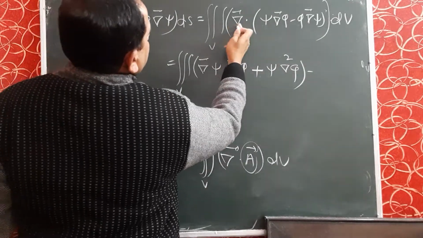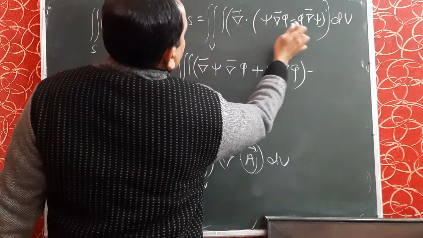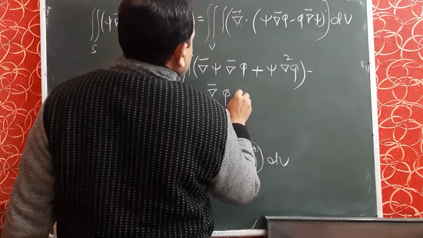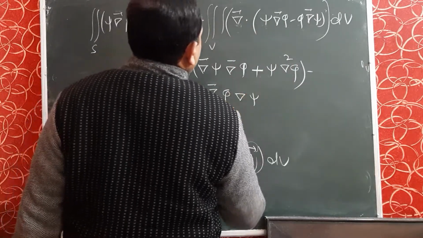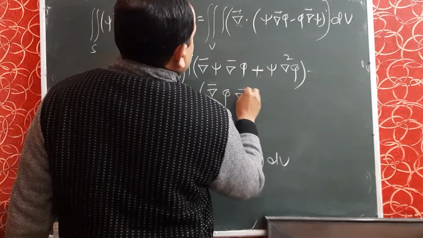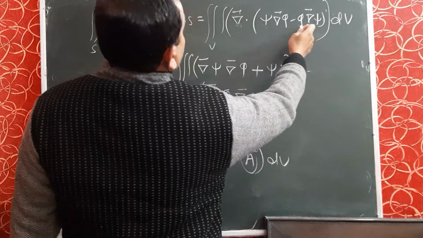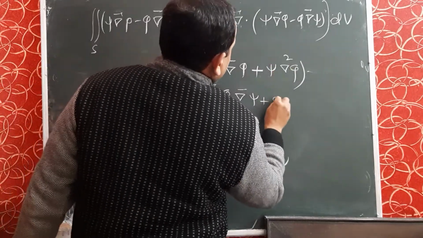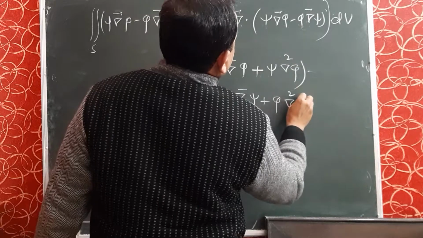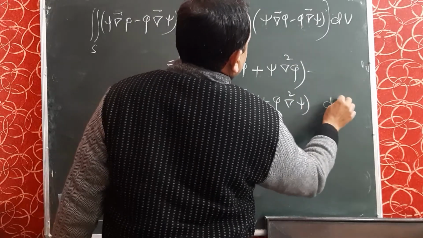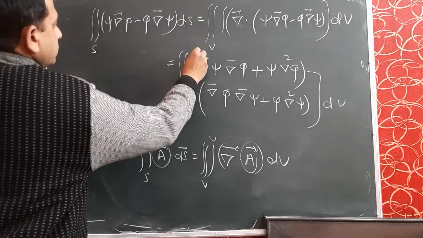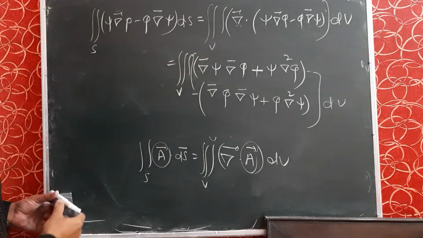Minus, again, for phi del psi: del phi into del psi, and plus first as it is, phi, into del of del psi, that is del square psi, into dV. Ultimately we will get this equation.